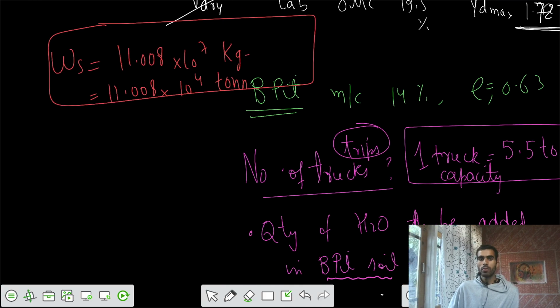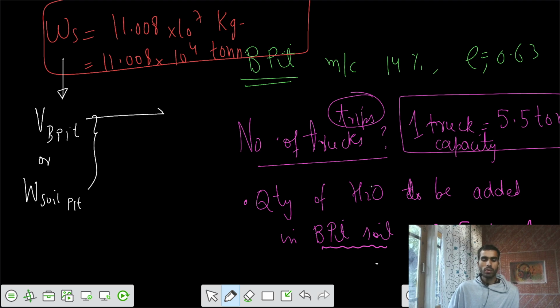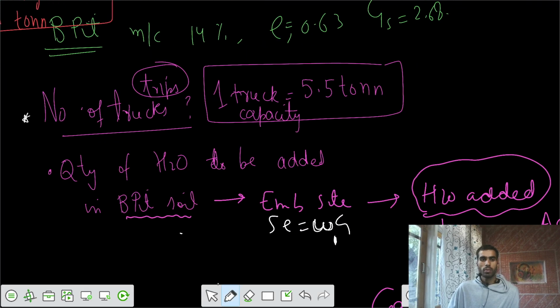So for this amount of weight of solids, what is the total volume of the soil I had to excavate? I could calculate in terms of volume of the borrow pit, or in terms of weight of the soil of the borrow pit. But the question is asking about the number of trucks, number of trips.